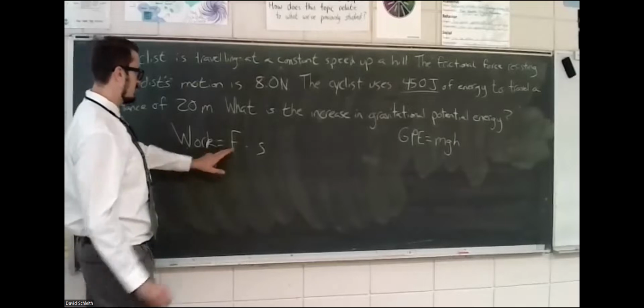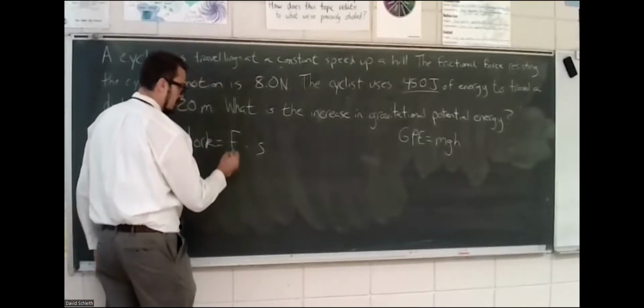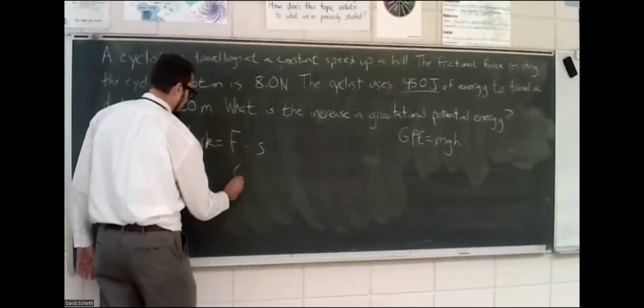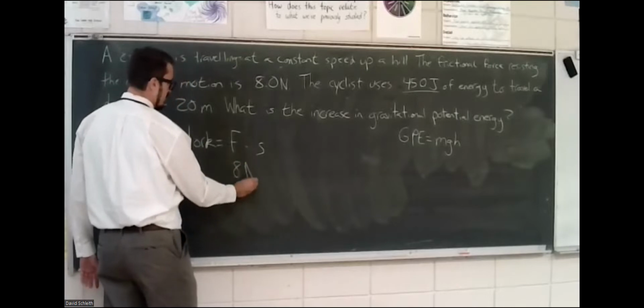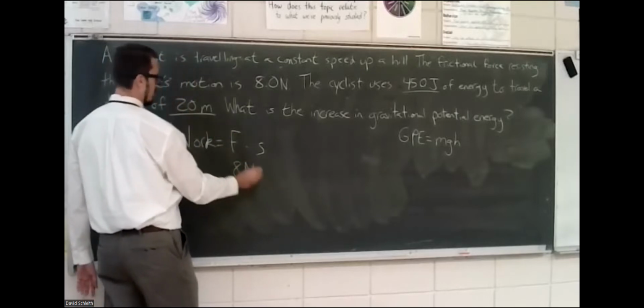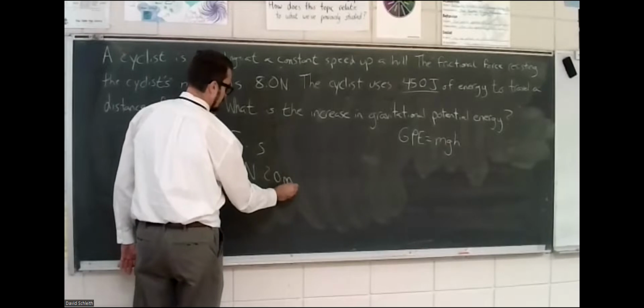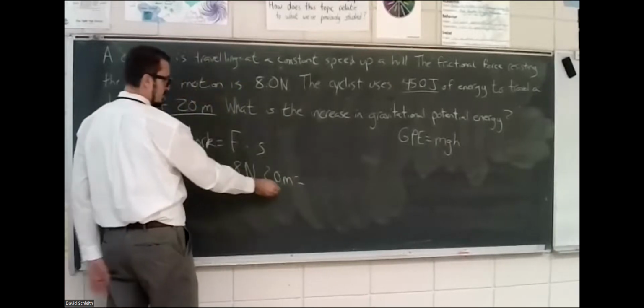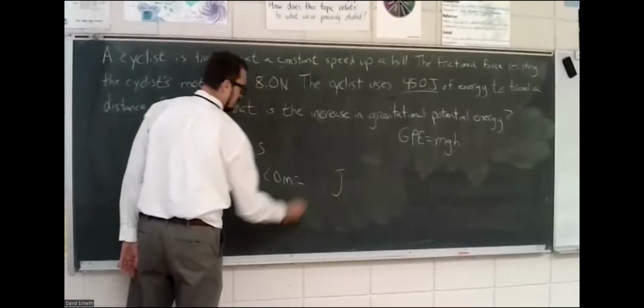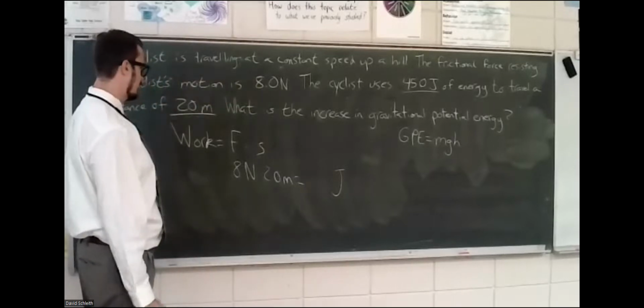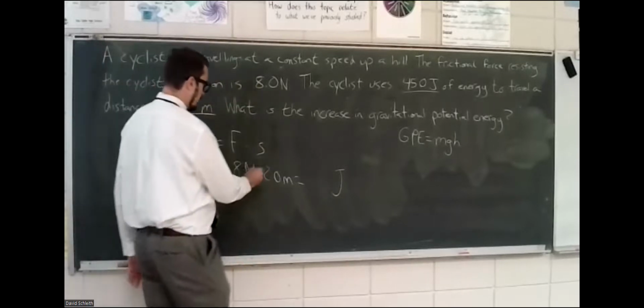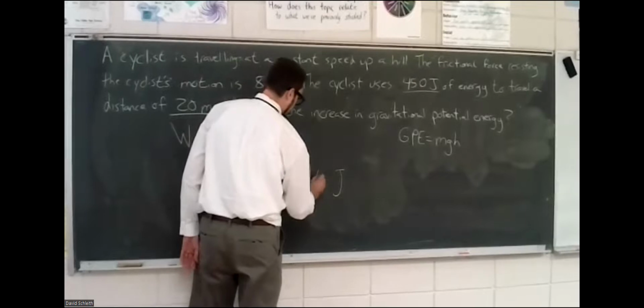But here we have to say, well, friction has done some work against the cyclist, 8 newtons over a distance of 20 meters. So we simply calculate that the newton meters or joules of work done by friction, or the work we're doing against friction, would be 160 joules.